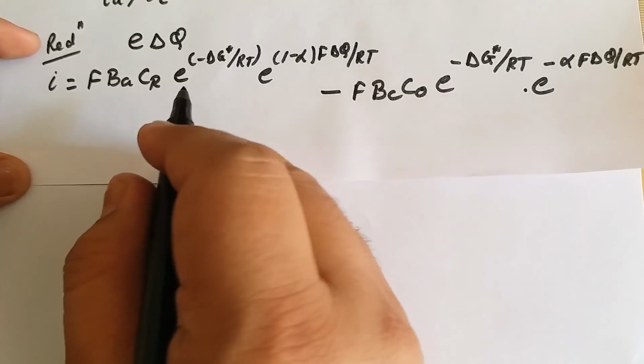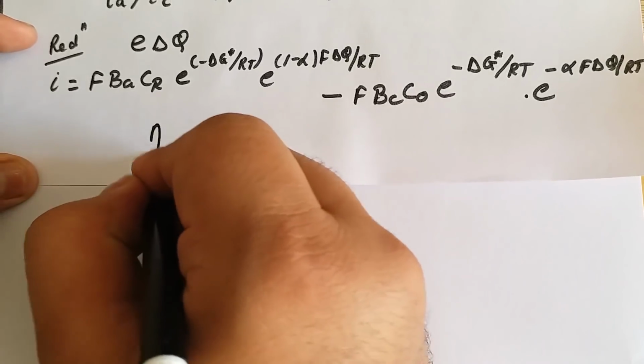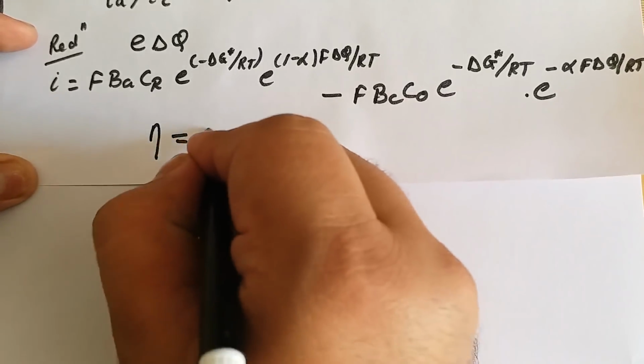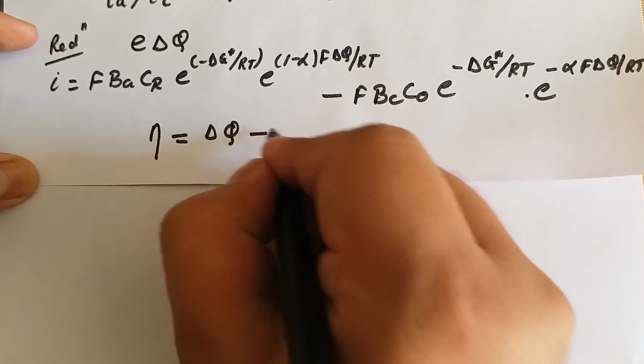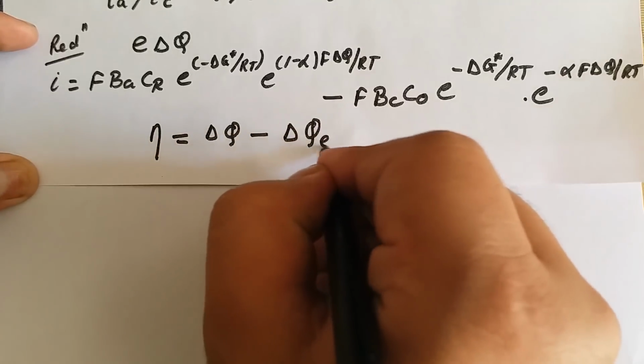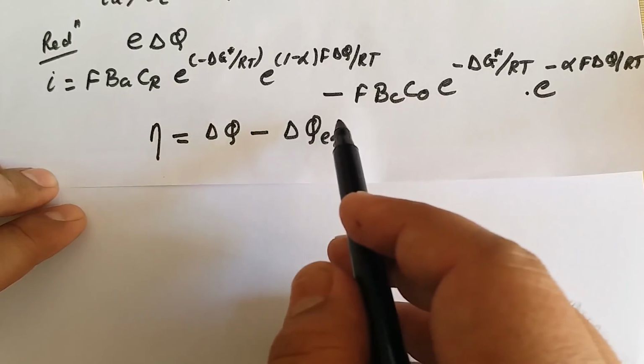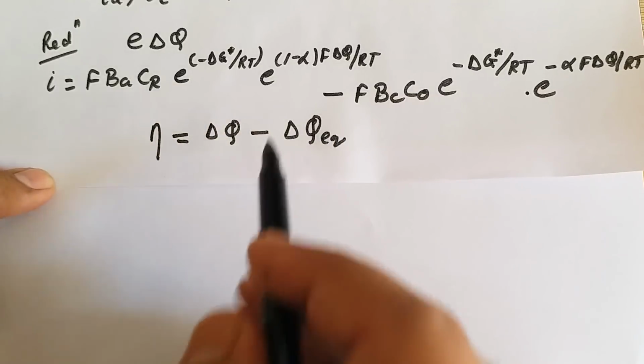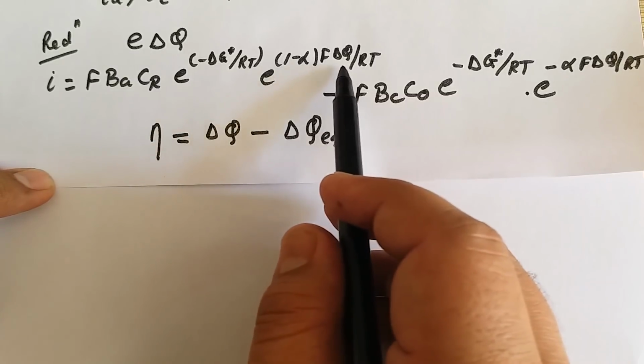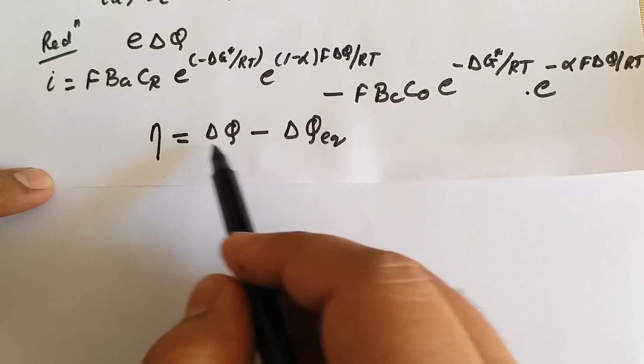Now from the last lecture we know that the overpotential η is the potential difference under non-equilibrium condition minus the equilibrium potential, that is, the observed potential minus the equilibrium potential is our overpotential. So over here we have the value of Δφ, which is the value of the observed potential.